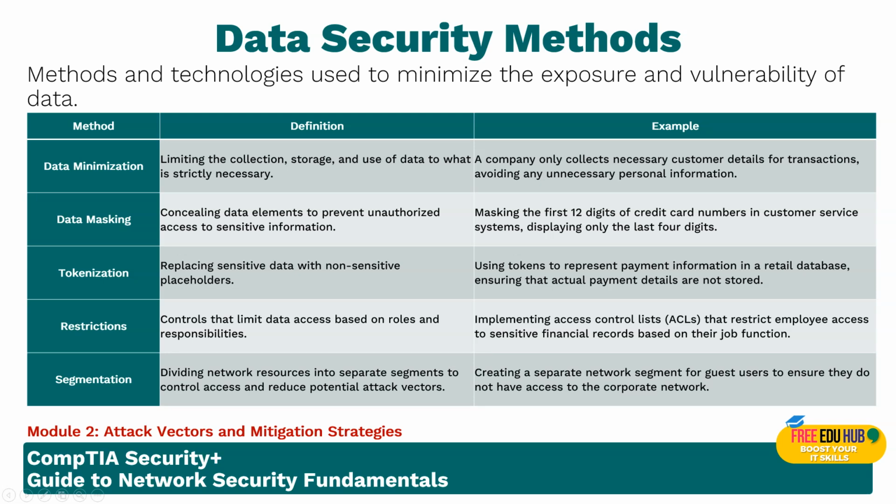Then we have data security methods, which are the technologies used to minimize the exposure and vulnerability of data. First of all, we have data minimization: limiting the collection, storage and use of data to what is strictly needed. A company will only collect the necessary customer details for transactions, avoiding unnecessary personal information.